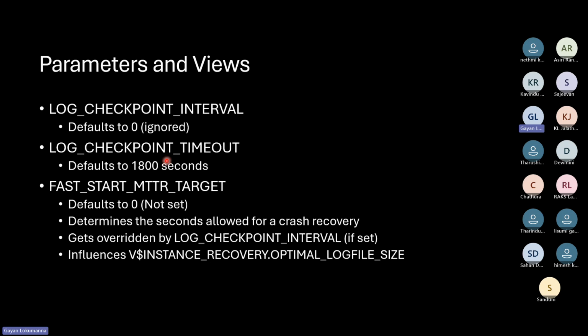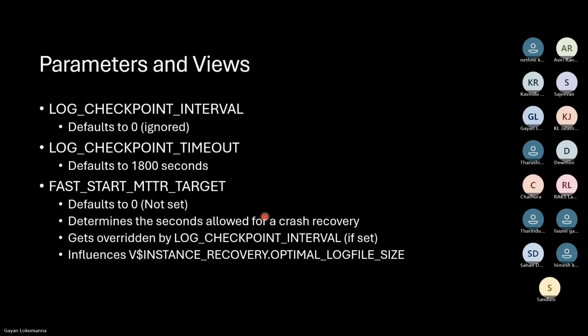So I will just explain it once more. The MTTR target value is basically a time that you give in order to determine how fast you want to complete your instance recovery. The more dirty buffers you have in memory, the more time it takes. So if you want to reduce the dirty buffers at any given time, the best thing would be to reduce the size of the redo log file.